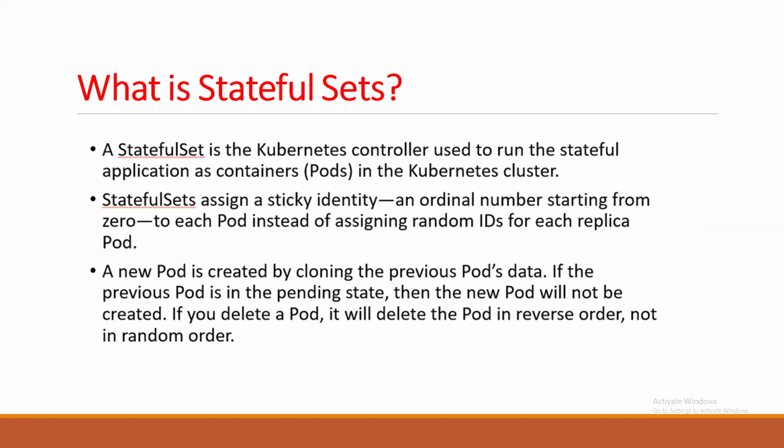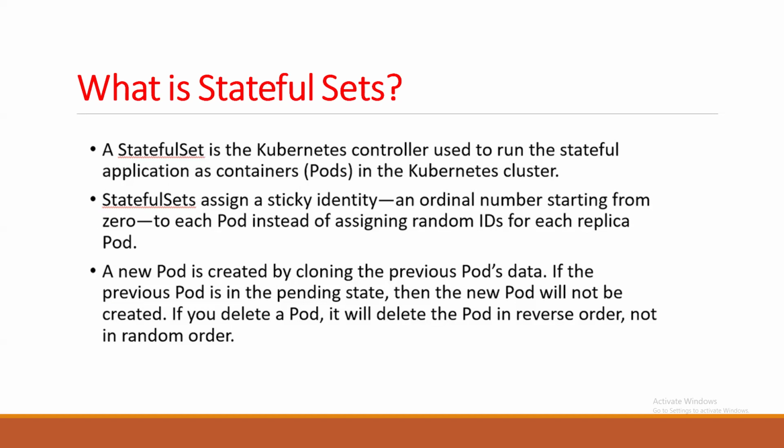StatefulSet assigns a sticky identity, an ordered number starting from 0, to each pod instead of assigning random IDs to each replica pod. You understood? So another identity is added, from 0 to each pod: 0, 1, 2, 3, 4. If you are not using a StatefulSet, it automatically creates random numbers.